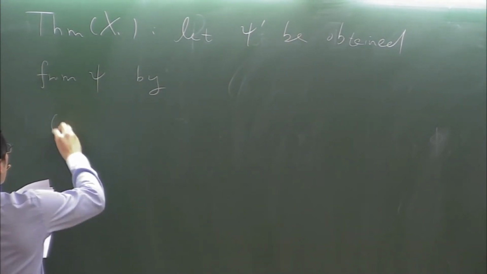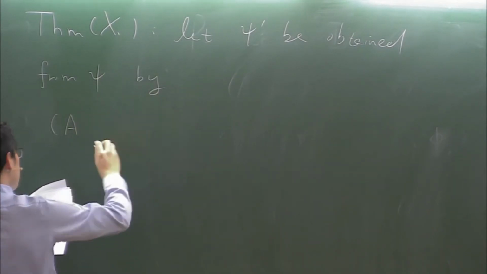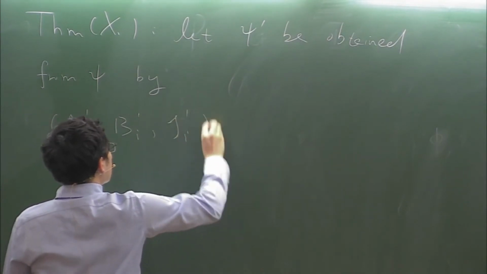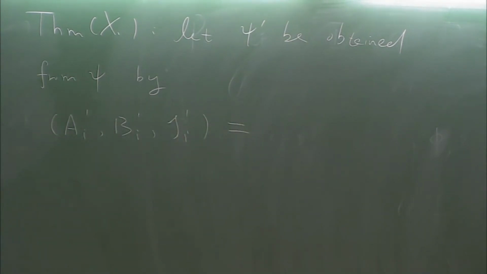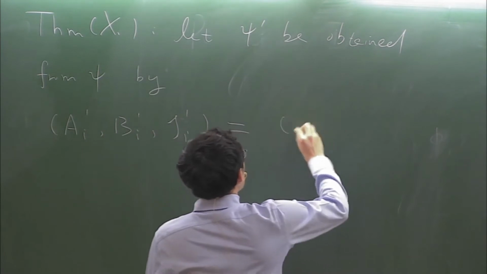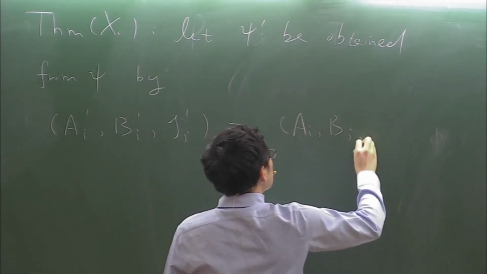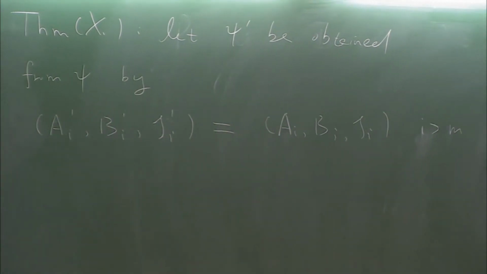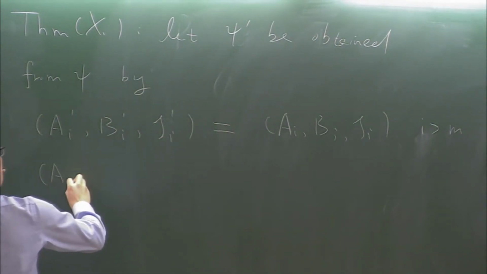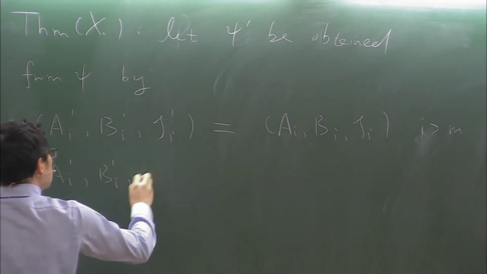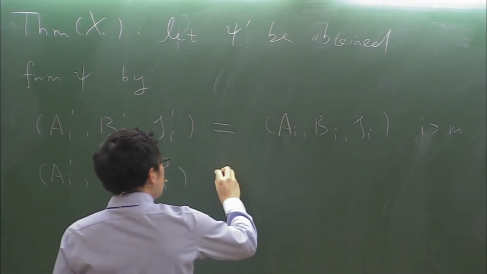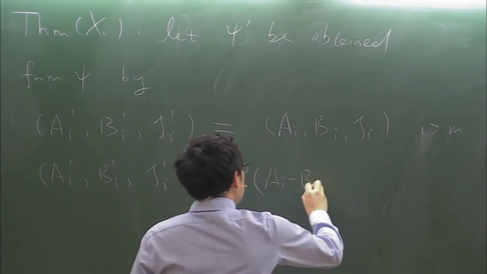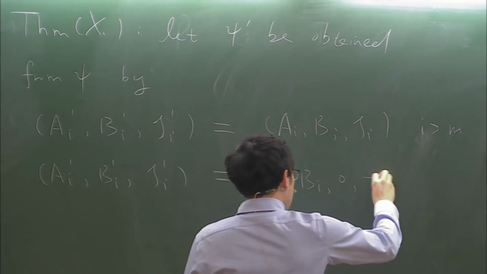And we want this psi prime to have the following properties. In case i is bigger than m, I'm going to keep these triples. And for i less than or equal to m, I'm going to change this to A_i minus B_i, 0, and plus.